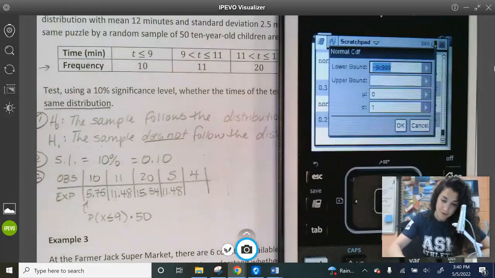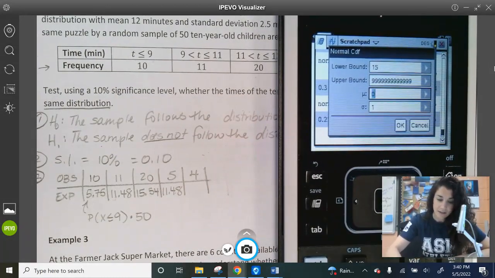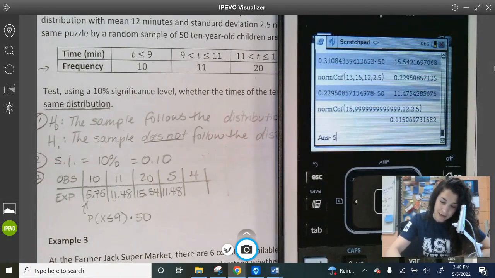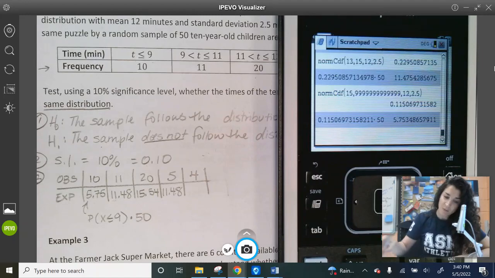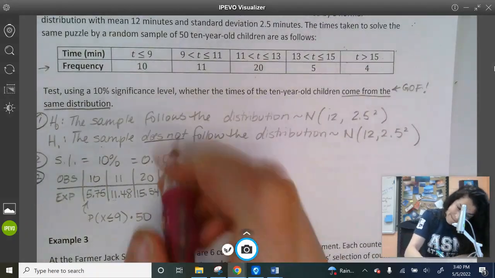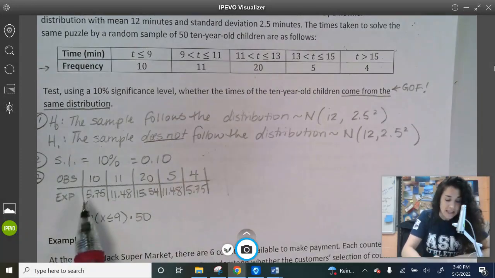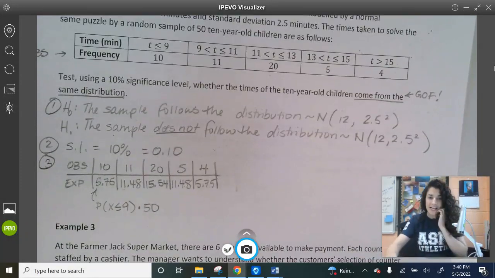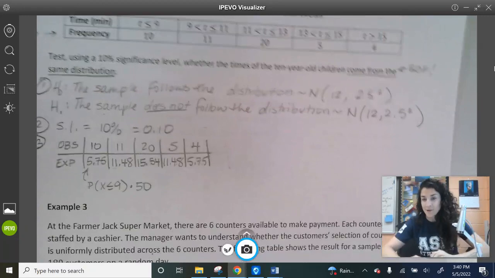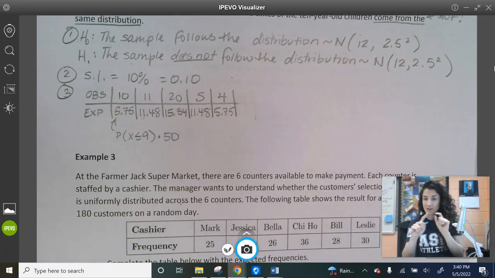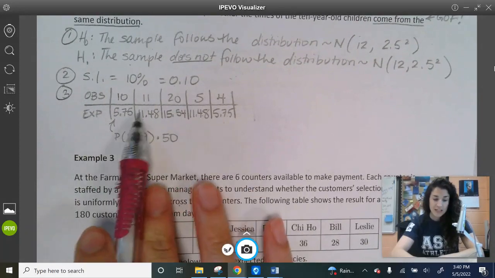And then lower bound 15, upper bound infinity, 12, 2.5, multiply by 50, 5.75. Notice that they're symmetric. And why is that? It's because our normal distributions follow a symmetric curve, right? And so this is just us seeing the normal distribution in a symmetric way.